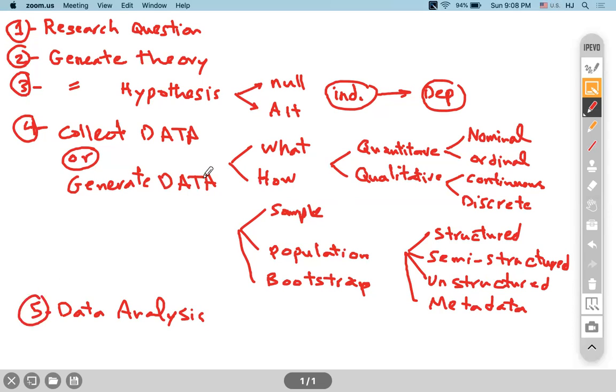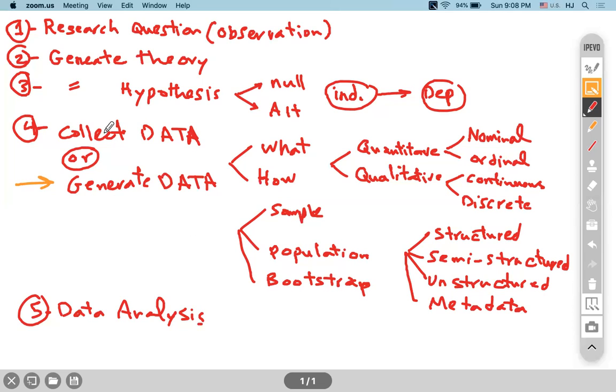Now, it's important, guys, that sometimes we might start from step number 4. Sometimes we follow the sequence from 1, 2, 3, 4, and we do the data analysis. So we come up with an observation, we make a research question from the observation, and then we generate the theories and the hypothesis, we collect or generate the data, and then we do the data analysis.